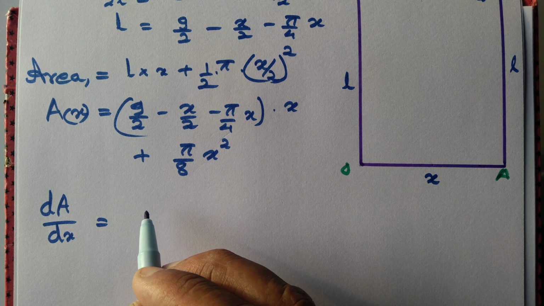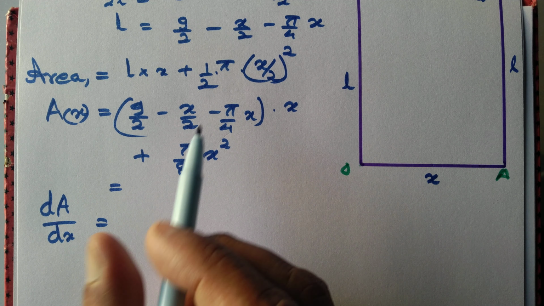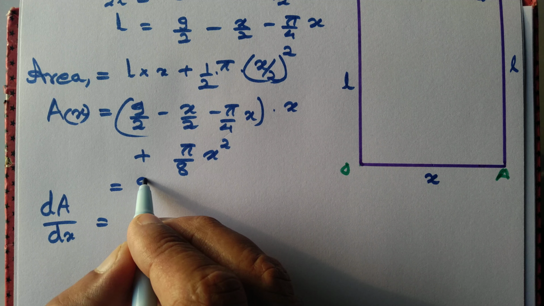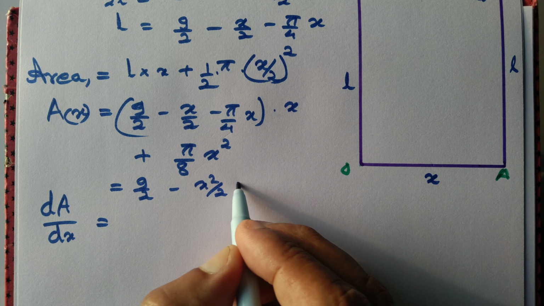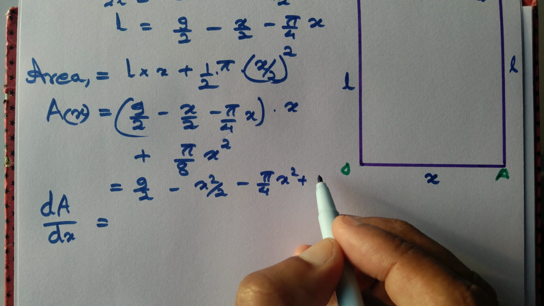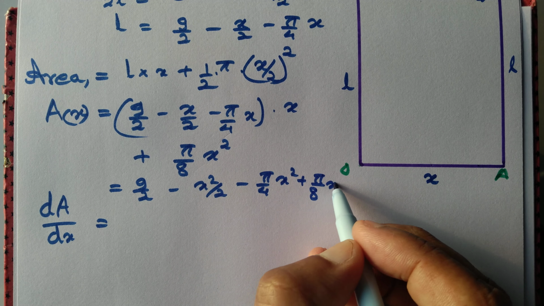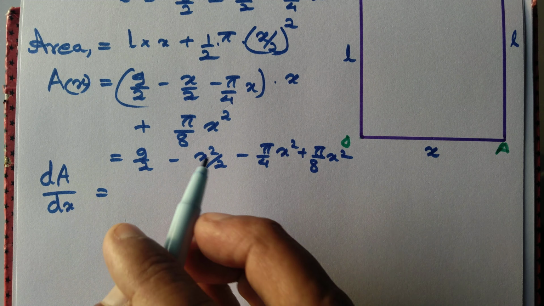dA/dx equals, let's write the area, it's a polynomial expression, 9 by 2 x minus x squared by 2 minus pi by 4 x squared plus pi by 8 x squared. So we can differentiate it. Of course, we can simplify this one as well.